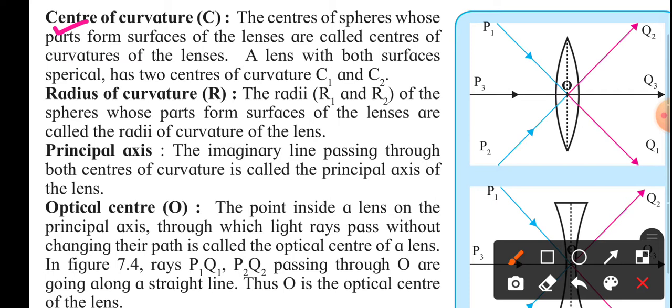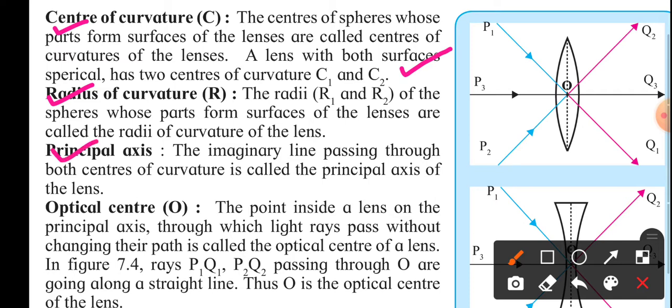A lens with both surfaces spherical has two centers of curvature, C1 and C2. In the same way, the radii R1 and R2 of the spheres whose parts form the surfaces of the lens are called the radii of curvature of the lens.